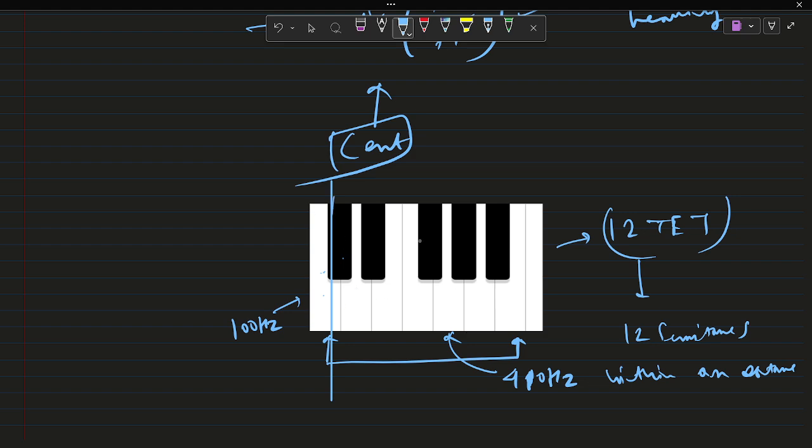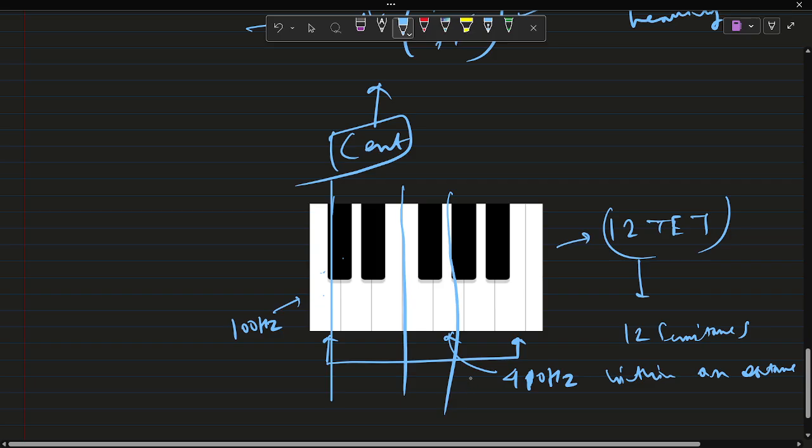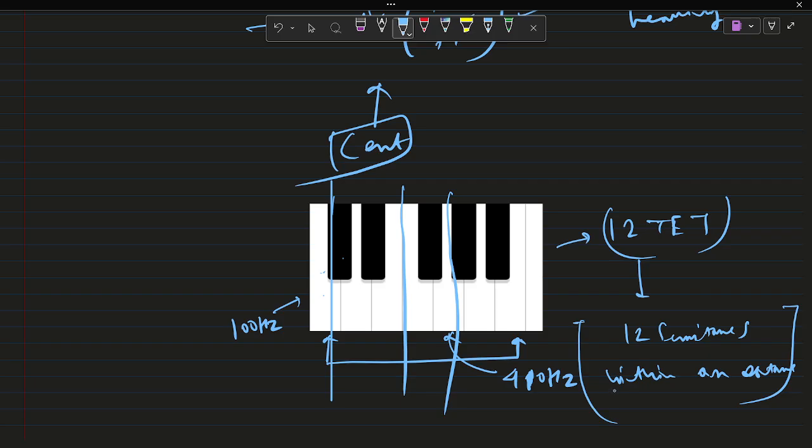This is a semitone interval, here this is a semitone interval, and this is also a semitone interval. Within an octave, we get 12 semitone intervals, and we use the term cent to measure very small pitch differences accurately.